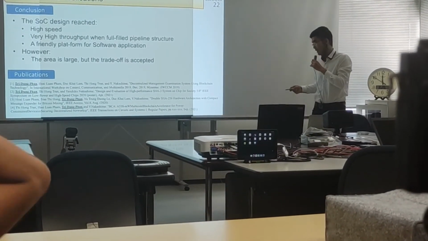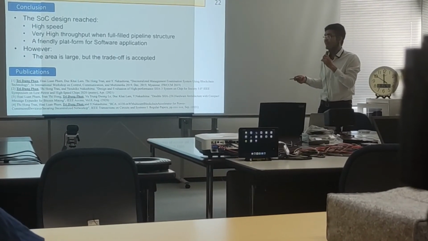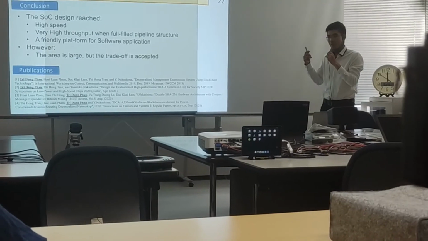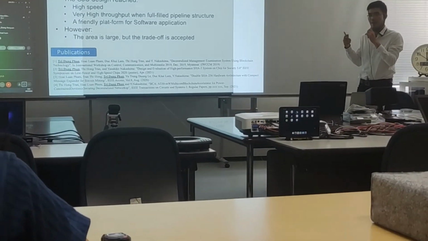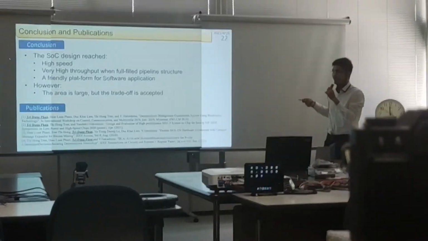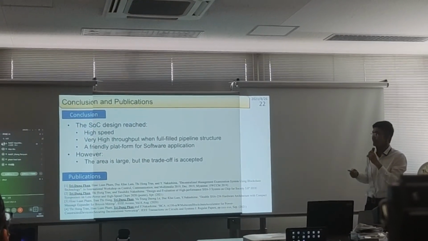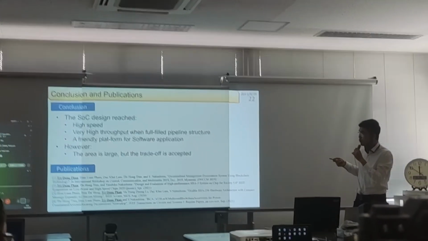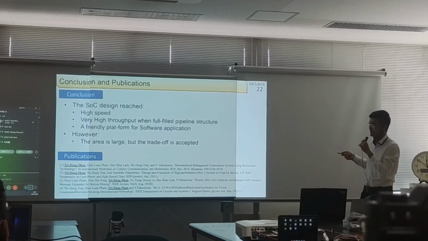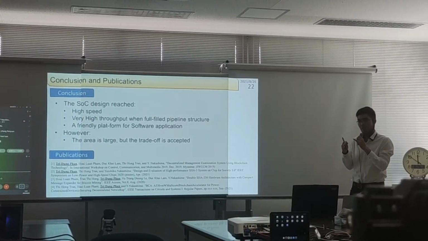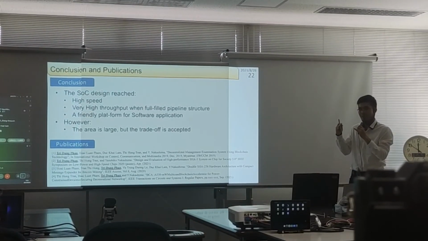And finally, the conclusion and the publication. The conclusion of this design is that we focus on speed on the SoC system. We already made the speed the highest on FPGA and on the SoC system, and the throughput is totally faster than the older ones, because after 24 clocks the unrolled pipeline is already filled and the throughput is 1 hash per 1 clock.